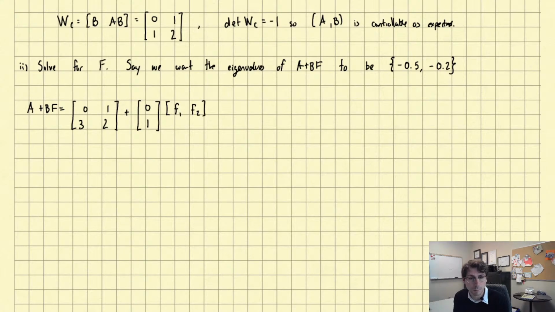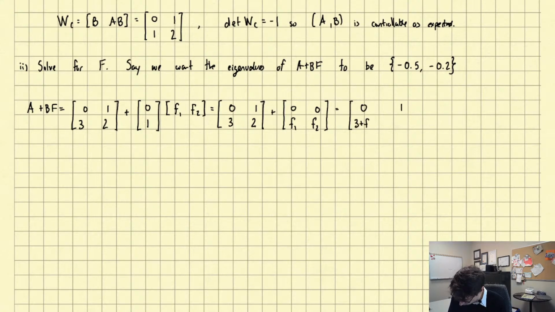I just plugged in A, B, and F. Multiplying this out, I'll take an extra step here. So there's A, B times F, looks like so. And so when I write it out, I get this matrix.